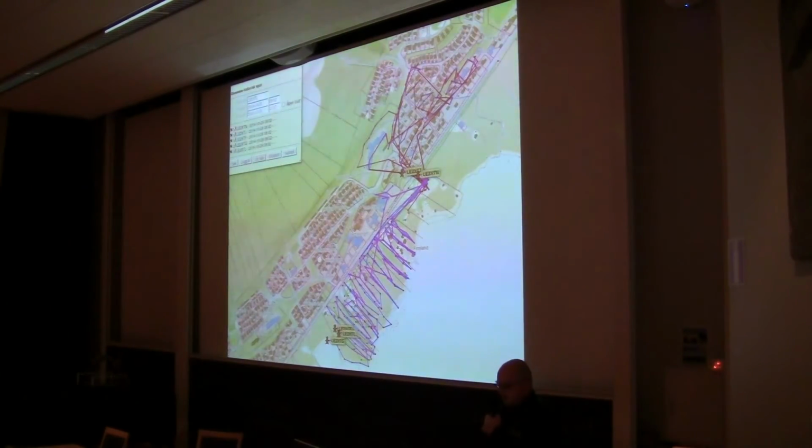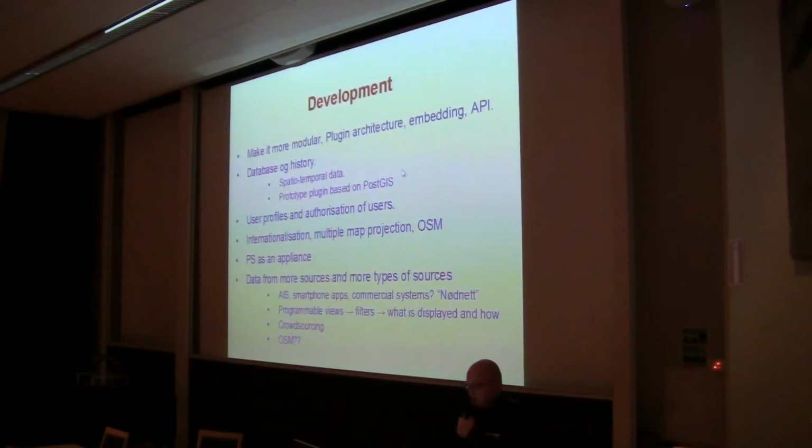It's tragic, but this is a real thing I'm showing here. Also in Tromsø, a couple of days ago, actually, this picture. So the police actually ask for this when they need help from voluntary organizations.